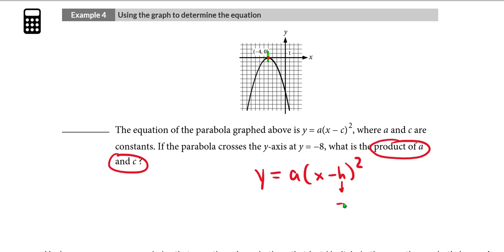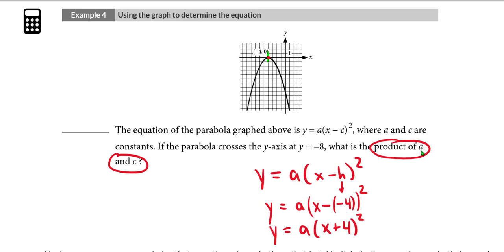So in this case, our h is negative 4. I'm going to put that in parentheses. And we still don't know our a value, so we're going to write that a out there. So at least now we know part of the structure of the equation of this parabola.